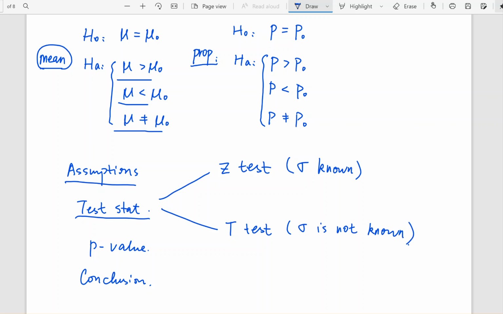right? Depending on whether the population standard deviation is given or not given, you need to decide whether you need to use the z-test or the t-test.